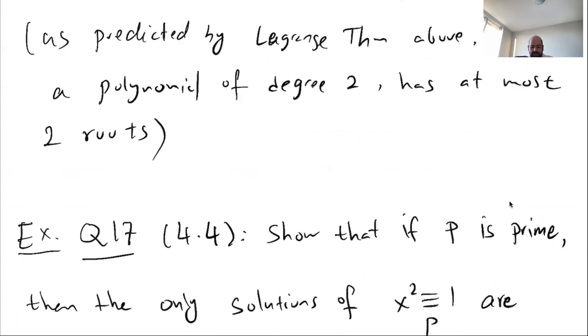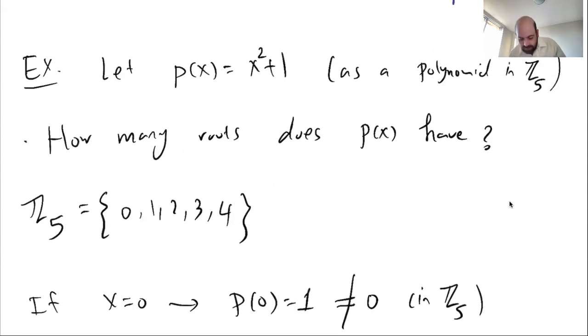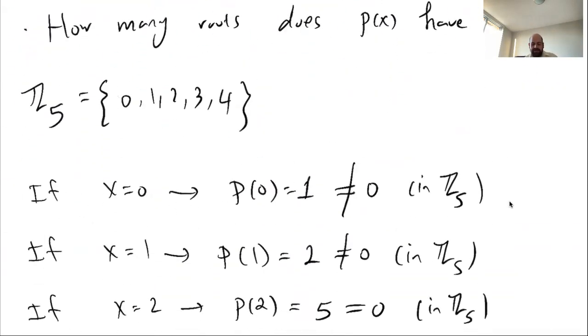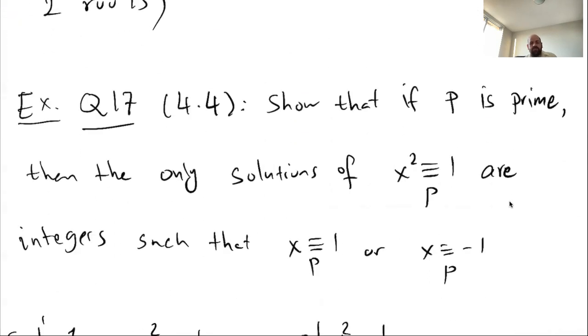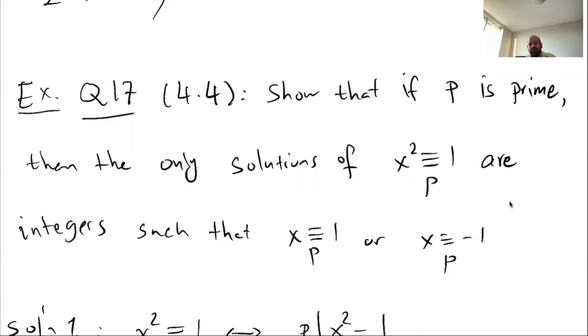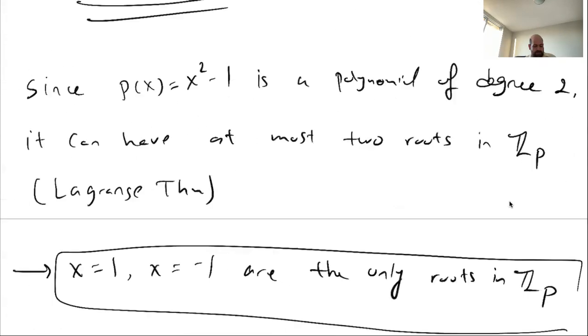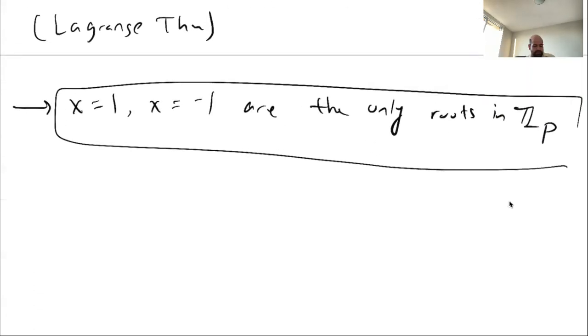The question was saying: show that the only solutions are numbers X such that X is congruent to 1 mod P or X is congruent to -1 mod P. But X congruent to 1 mod P means X equals 1 in ZP, and the other one is X equals -1 in ZP. So -1, of course, is the same as P minus 1.